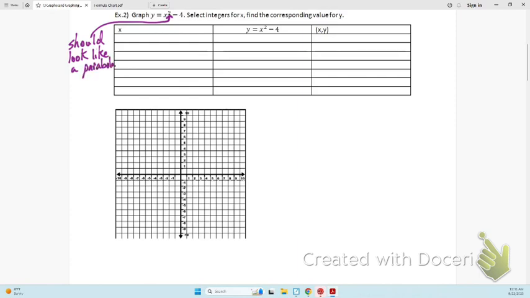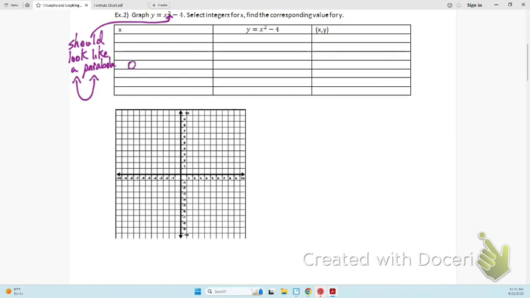Because of that square, that x squared, this thing should look like a U or upside down U. And some people mess up with the squaring and the negatives that they plug in, and they get a crazy S-shaped graph, but it should look like a U. This one is very basic. There's no shifting left or right or getting narrower, because there's no numbers attached to that x right there, like in a parentheses or multiplied times it. So this is a nice basic parabola that's centered on the y-axis.